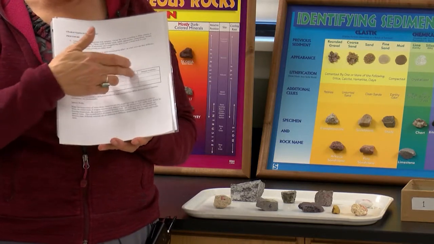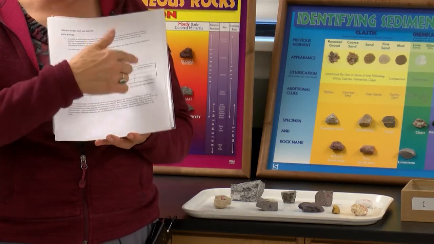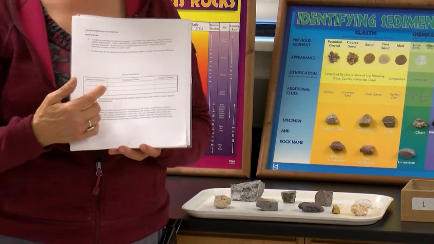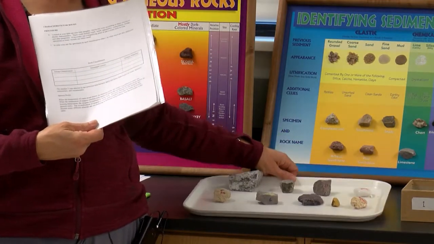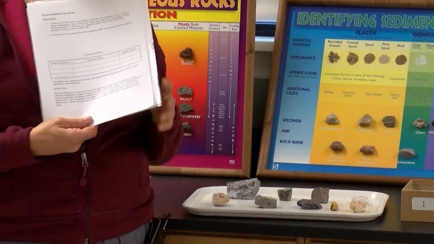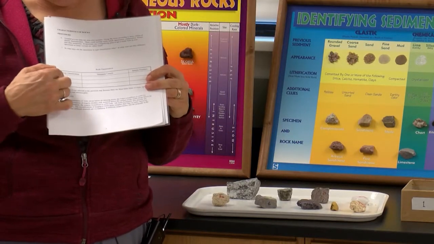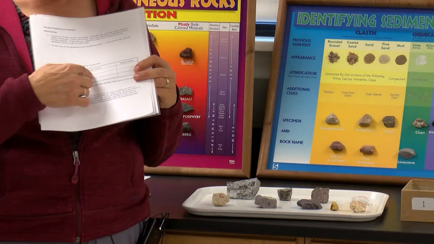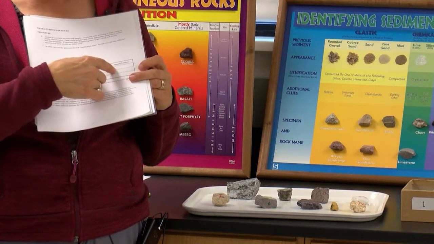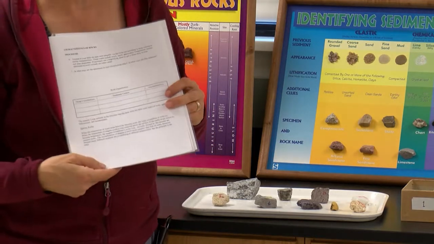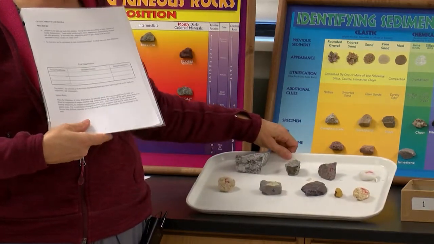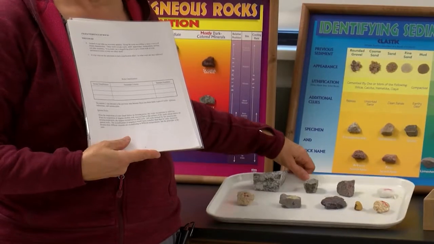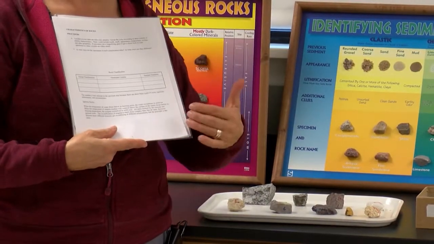So you would put down beige and yellow in color, and then what numbers fit that criteria. You might think some of them look like they were made of materials that were glued together. So you might say group B, materials glued together, and then put the 3 rocks you think go in that group. And for group C, you might say that they're mostly dark minerals, and put the 3 that you think.